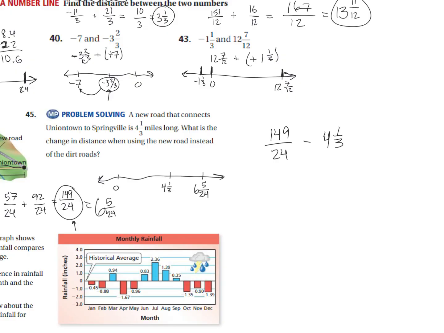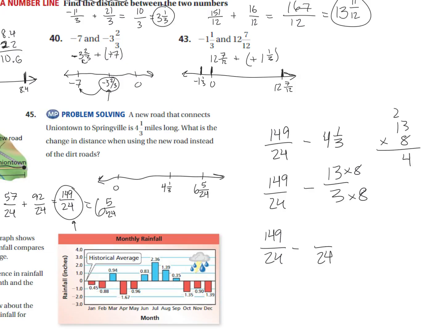Okay, 4 1/3 is going to change into 13 over 3. And now from here I have to make common denominators, right? So I've got this times 8, this times 8. 149 over 24. This will be 24 on the bottom here, and now 13 times 8.